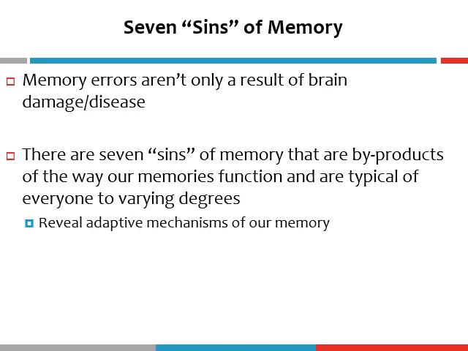Okay, so what I'm going to do for this lecture is review each of the different types of sins that Dan Schachter talks about. And then lastly, we're going to talk about how each of those sins, in quotations, are actually very adaptive in that they enhance what you are able to remember, right?